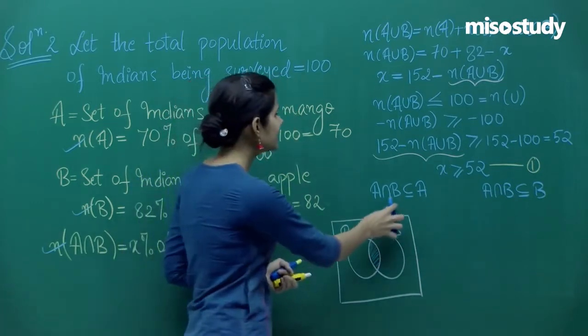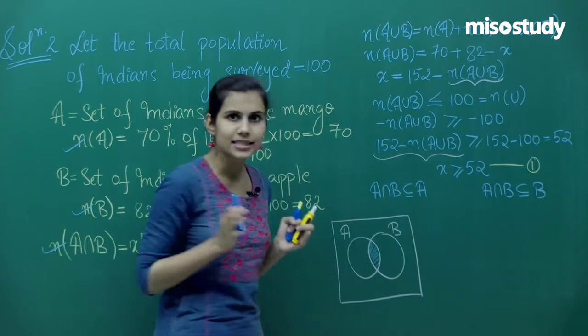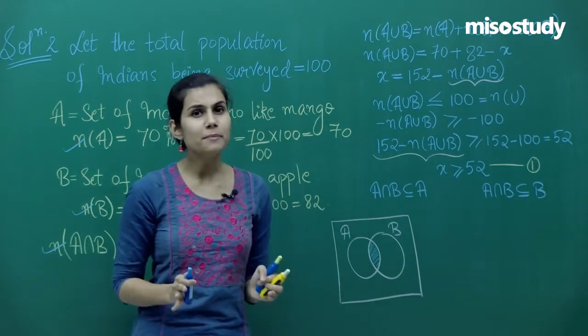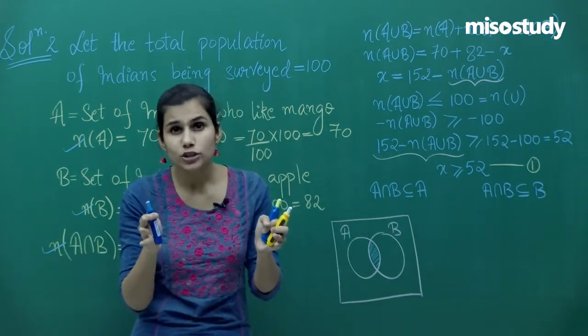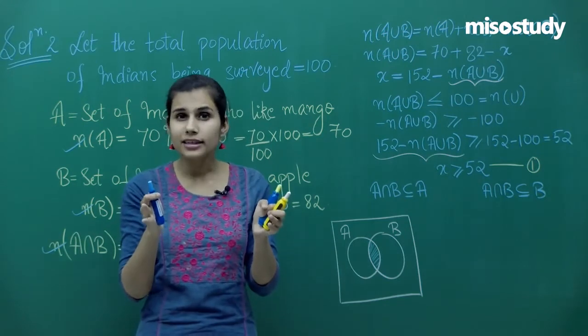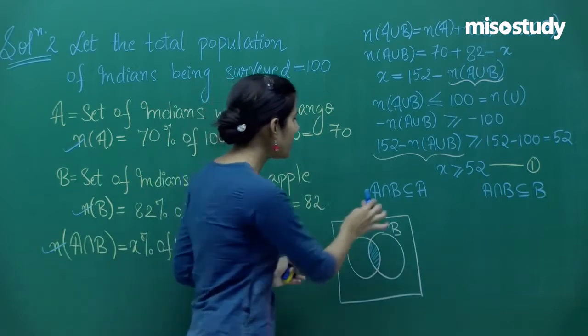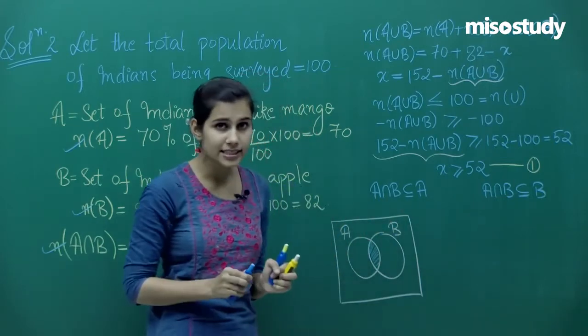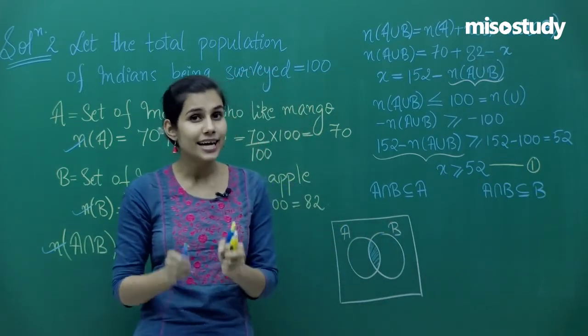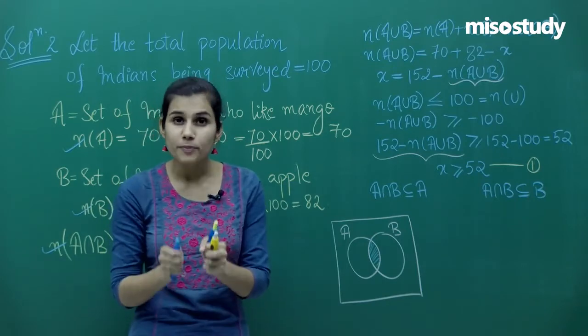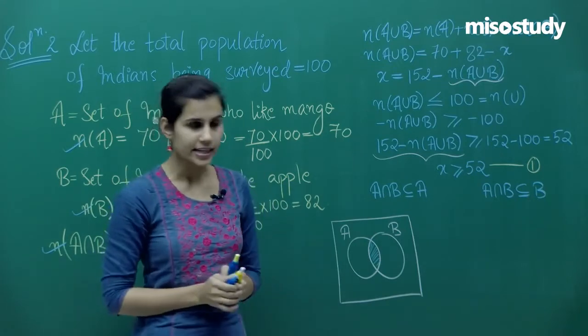When the numbers in both of them are same. Therefore, at the max a subset can be equal to the parent set, or in the other case it can be strictly smaller than the parent set. Therefore, the number of members which a subset contains will always be less than or equal to the number of members which the parent set contains.